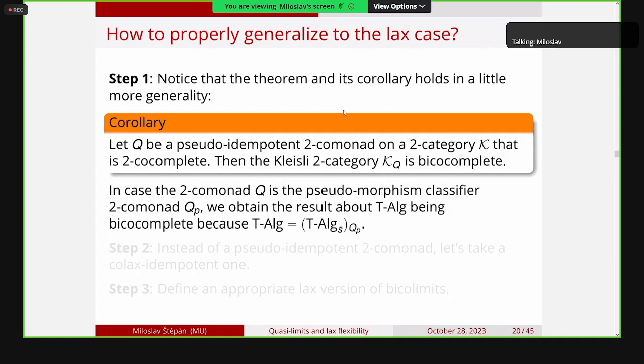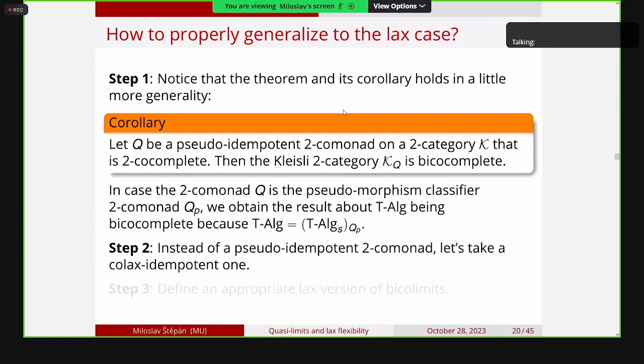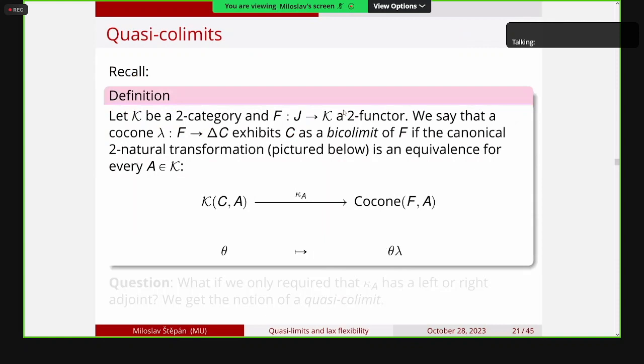So this step into the lax world meant that I wondered what happens if I replace a pseudo-idempotent comonad by a colax-idempotent one. As I told you, in this case the Kleisli two-category won't be bicocomplete, but it will be something weaker. So I had to define an appropriate lax version of bicolimits. Let's recall the notion of bicolimit first.